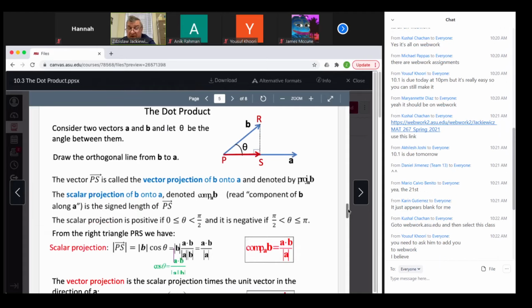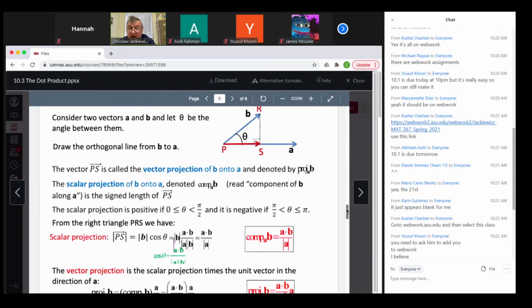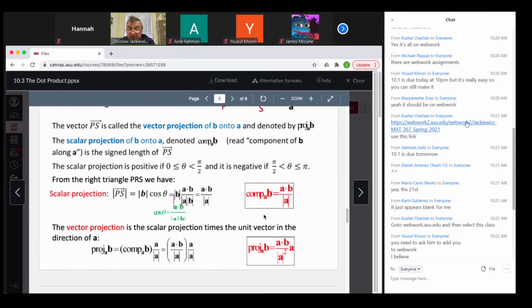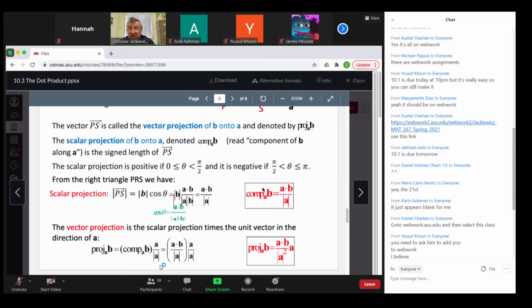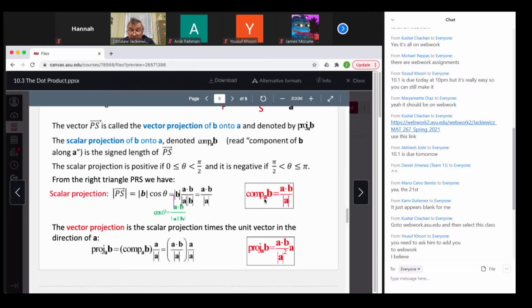But then, in this case, you will be deriving those formulas. So they are here, two important formulas. Again, put them on a piece of paper. When you take a test or something, if you are asked to do this, just put those things on a piece of paper and use those. Those are the important formulas about the dot product.